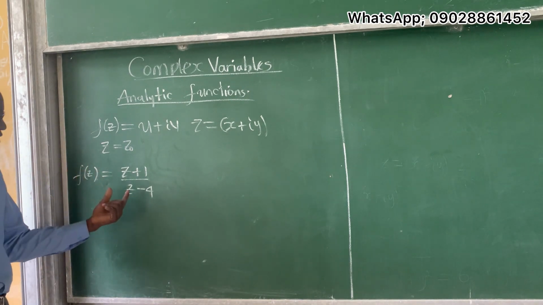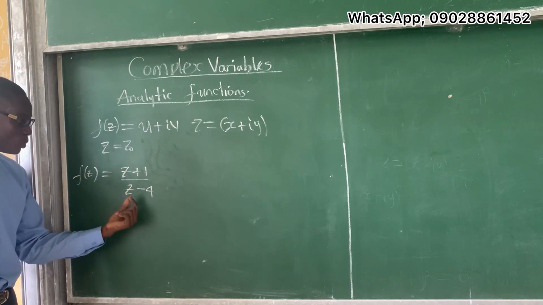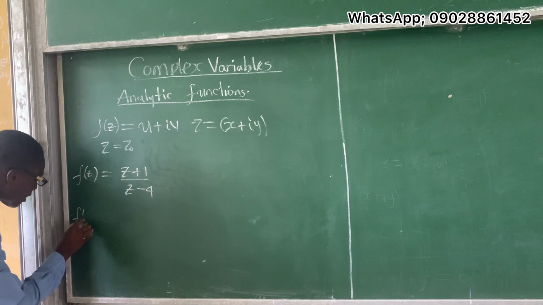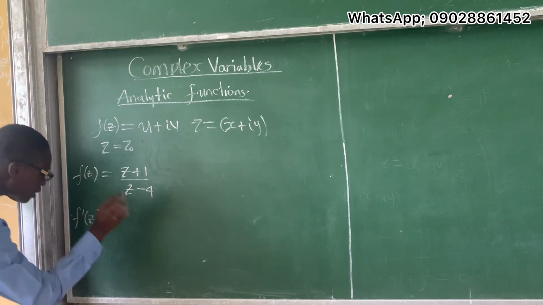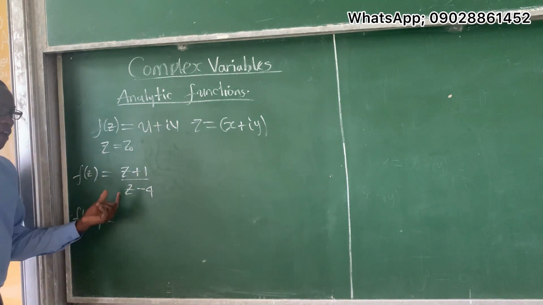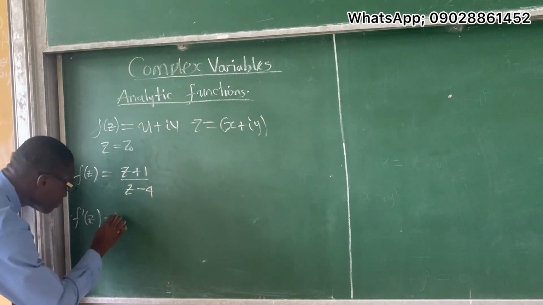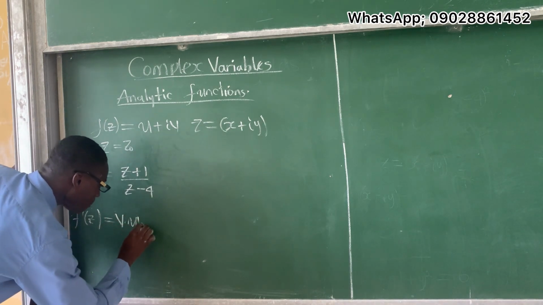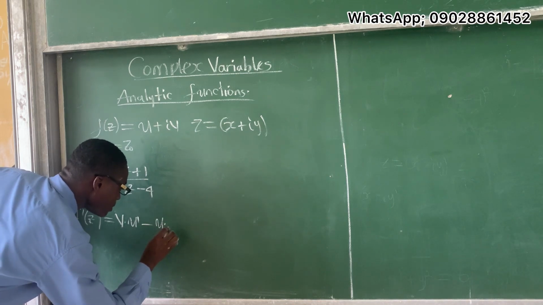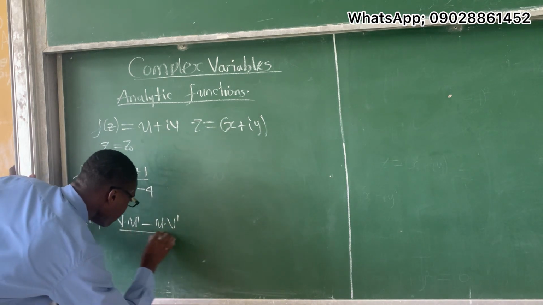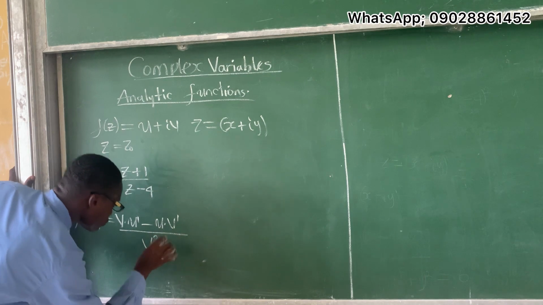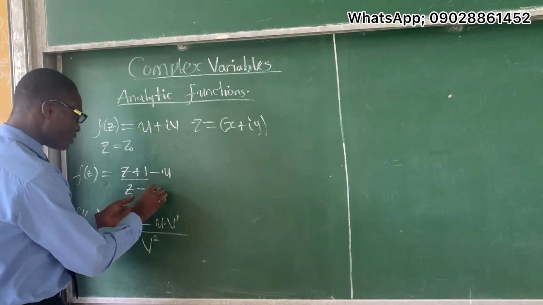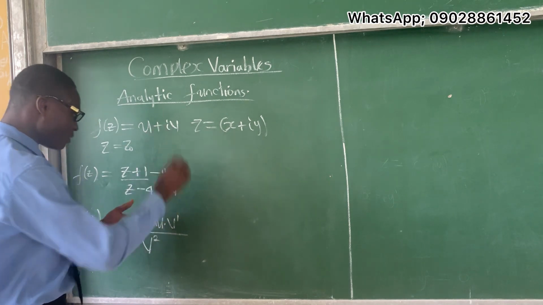And to differentiate this function, we are going to use the quotient rule, which states that f prime of z is equal to v multiplied by u prime minus u multiplied by v prime over v squared. Don't forget, the top is u and the bottom is v.